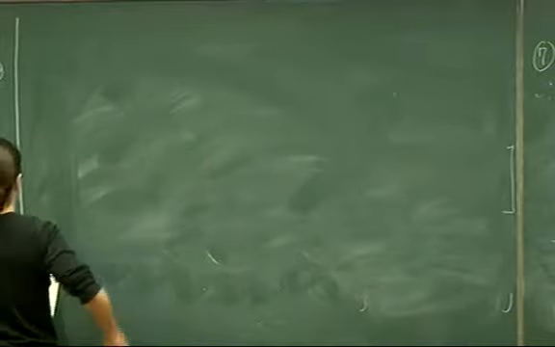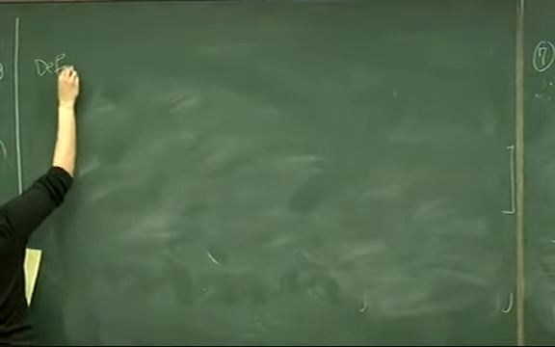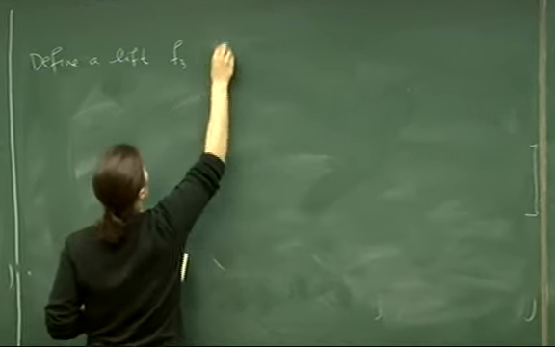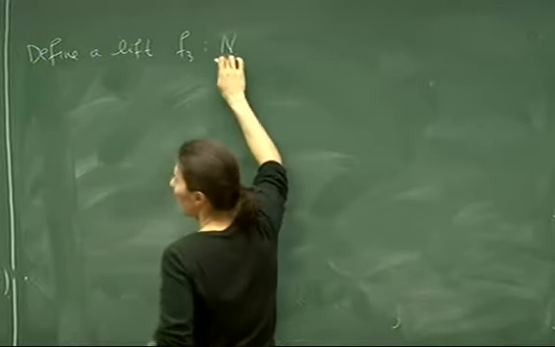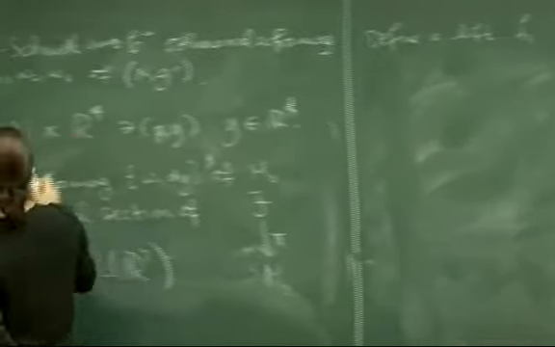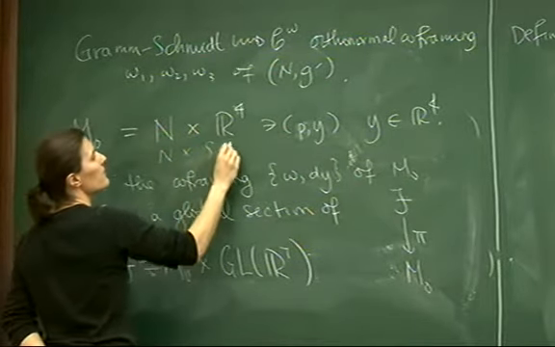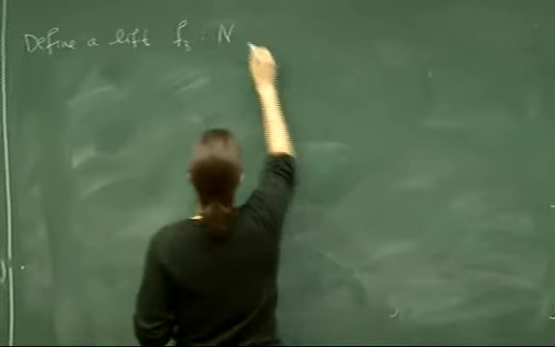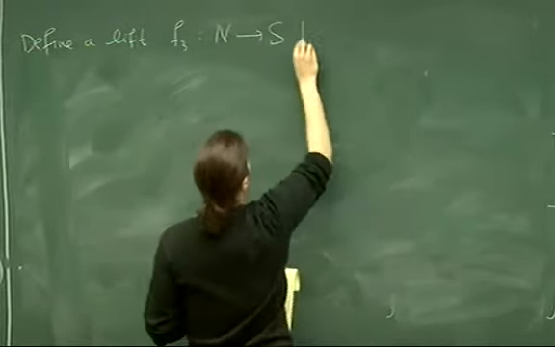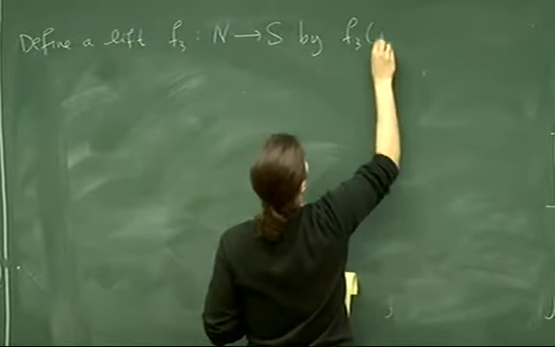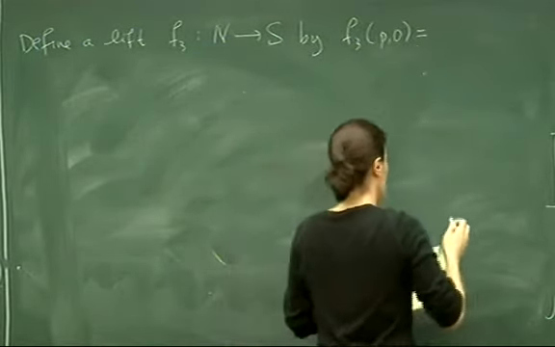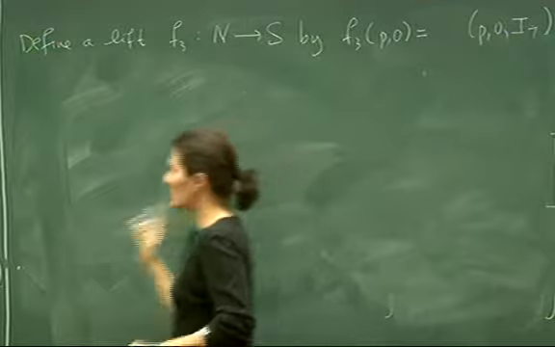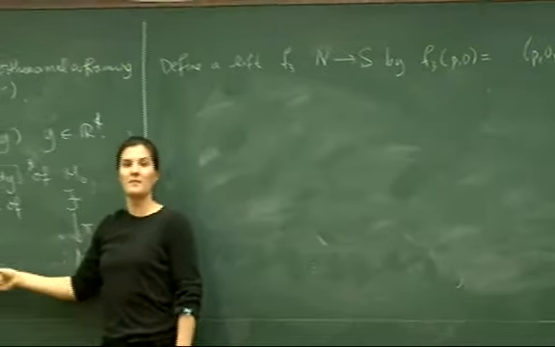All right, now define a lift. This will be F3 from N, and now I'm identifying N with N cross 0 inside M naught. Lift into S by F3 of P0 is equal to, let's just take the point P0 and the identity matrix. So this puts me up in F under this identification.